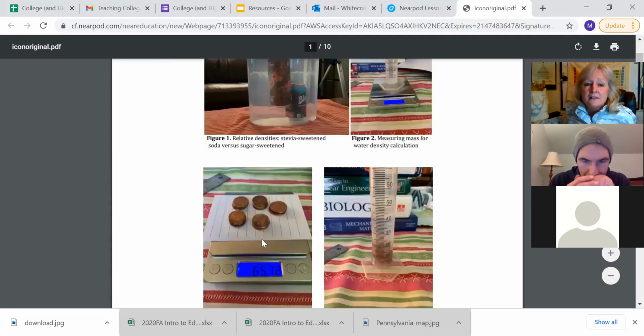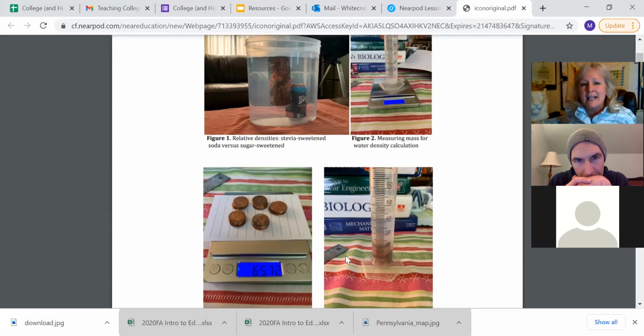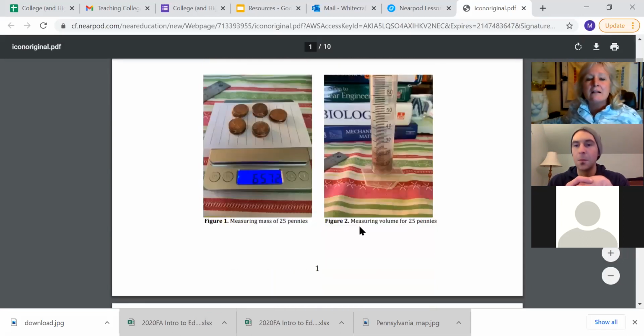The pennies: they had to take 25 pennies and determine the density of the pennies, and I did not give them the theoretical value. So in their quest to determine the theoretical value, they had to go to the mint. And at the mint, they learned that pennies after 1982 are zinc and copper before that. So they took a look at their pennies as well.